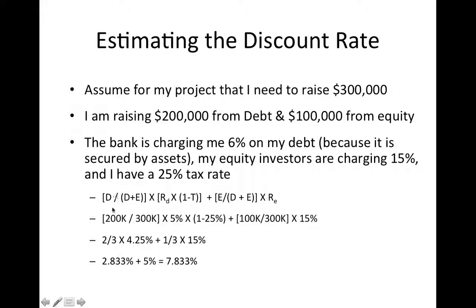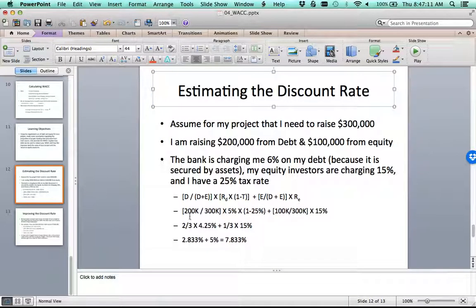And so if I plugged all of those things into our prior formula, that's debt over debt plus equity, so that's 200 over 300, times, I don't know why that's 5%, that's my mistake, sorry. Let's just go ahead and fix this.